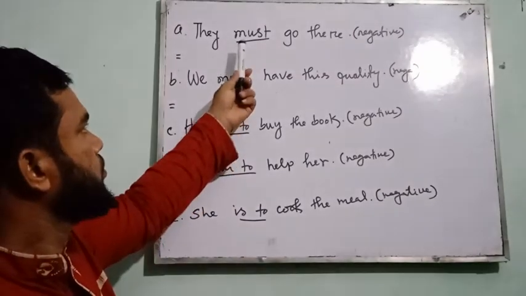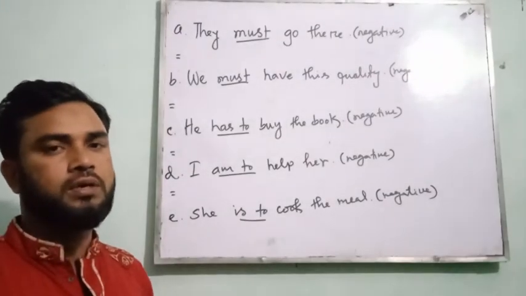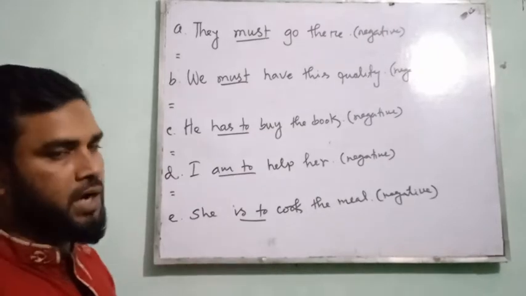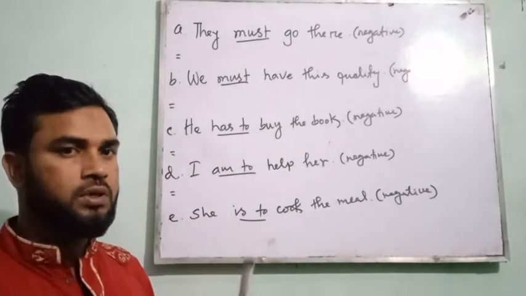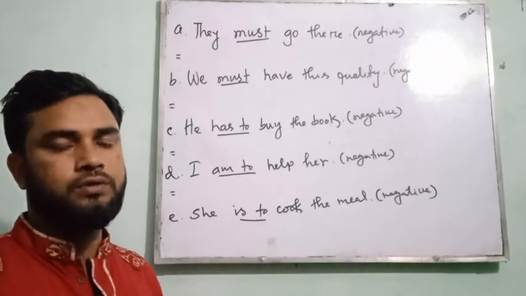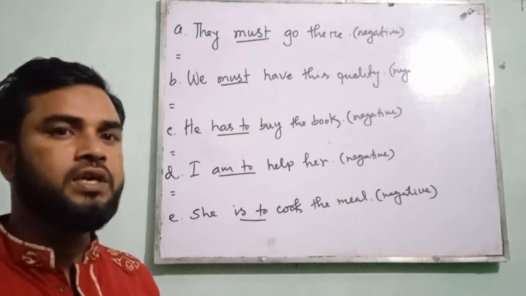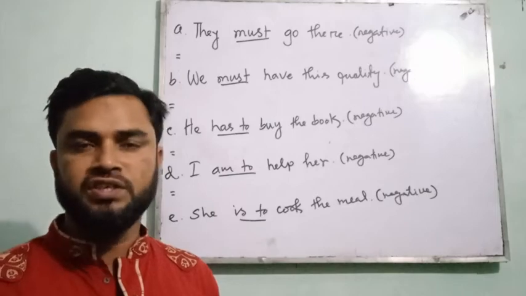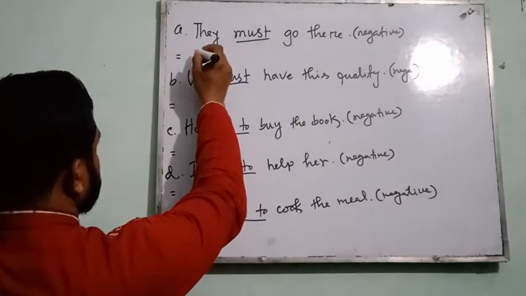So we can use cannot but in case of must, has to or have to, am to, is to, are to to make the sentence into a negative one without changing the meaning. So let's start our journey.